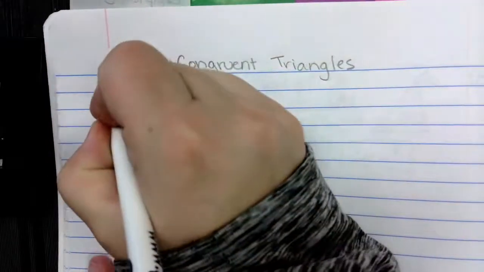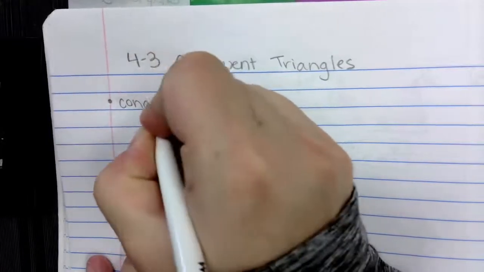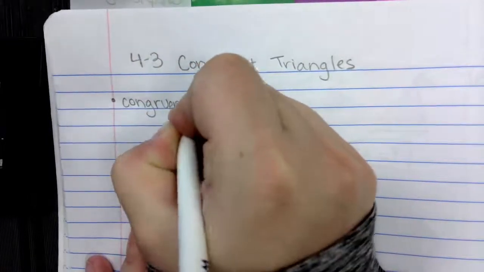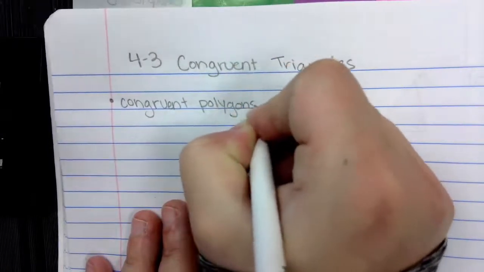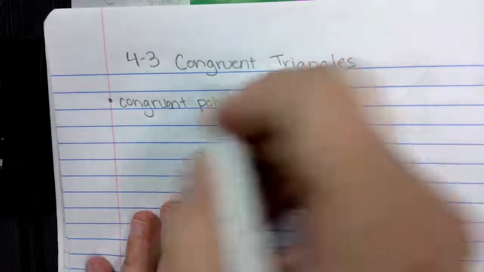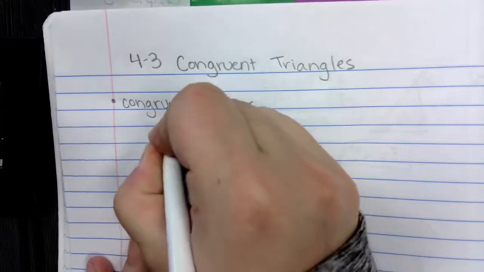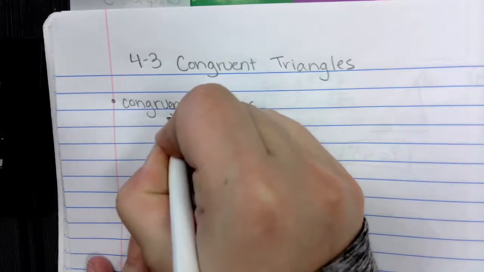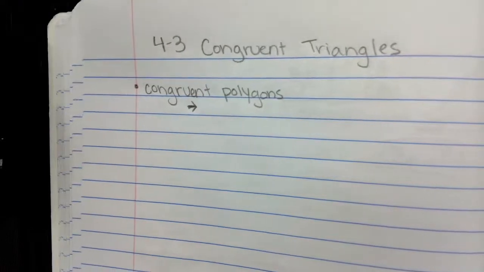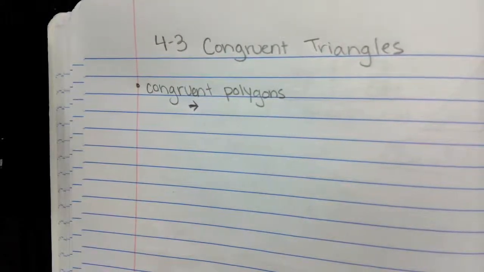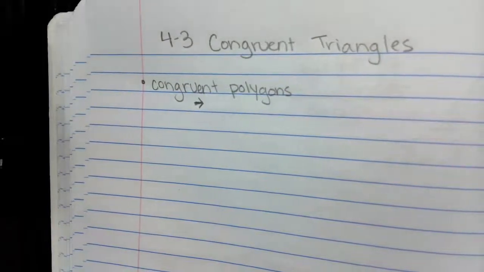Okay, first off, let's define what it means to have congruent polygons. What does that word congruent mean? We use that one a lot. What is congruent? If a segment is congruent to another segment, they're equal.